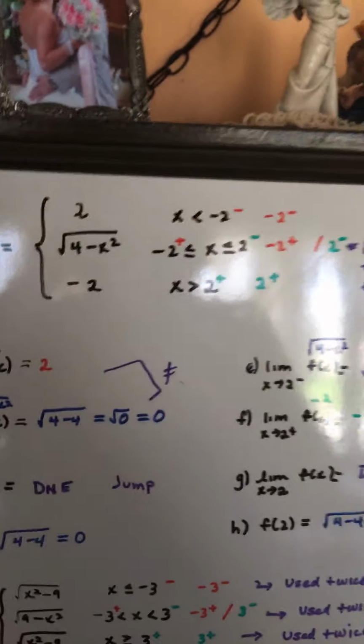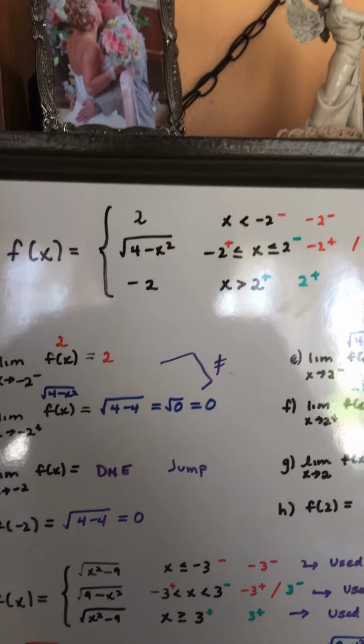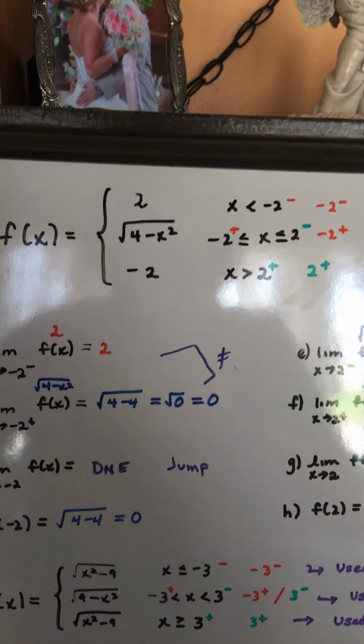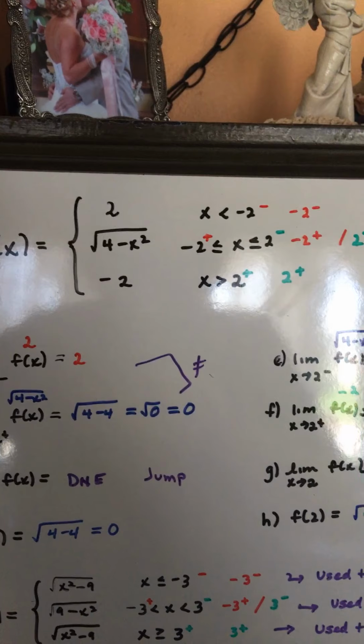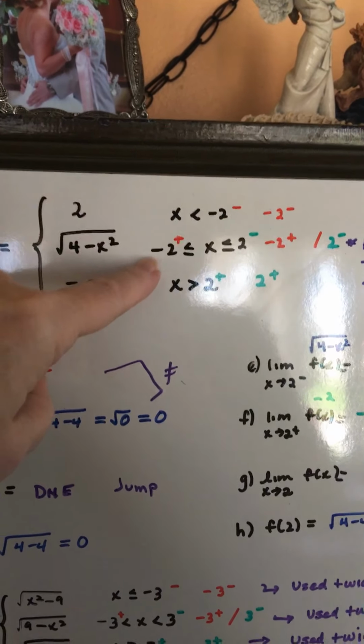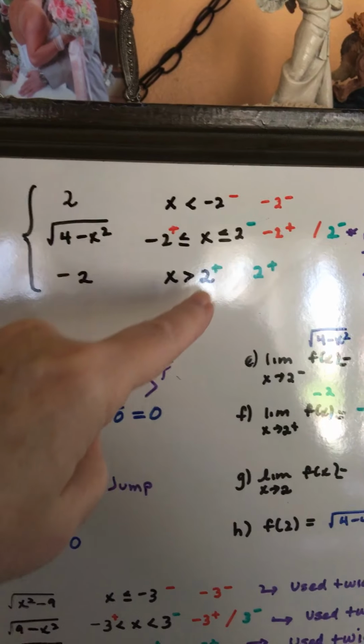Now, the main reason for this video is my next two examples. Suppose I give you a sale at the pre-calculus limit store: 2 problems for the price of 1. Notice we have 2 domain changes, -2 and 2.